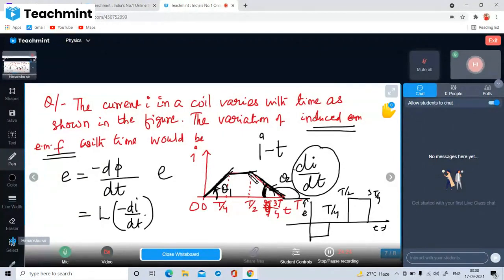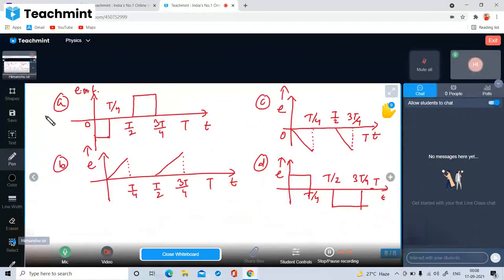Hence the slope is negative, and as the slope is negative, with the minus sign this part is positive. So in this way we can draw the EMF and t graph. The answer must be A. This cannot be possible. This can be possible, but the sign is opposite. Most of the students may choose this one, but it is wrong. And this cannot be possible.